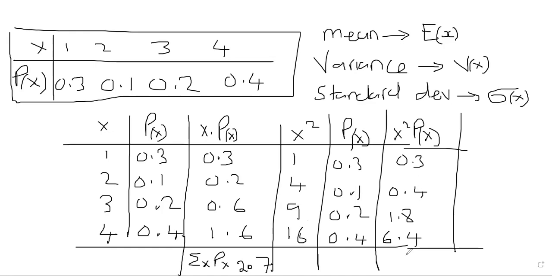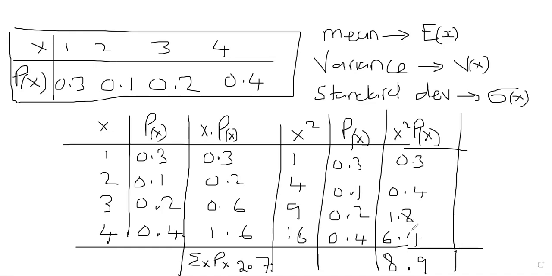So we're going to add this column here. So this column here, we're going to have 7 plus 8, 15 plus 4, 19. So this becomes 8.9.